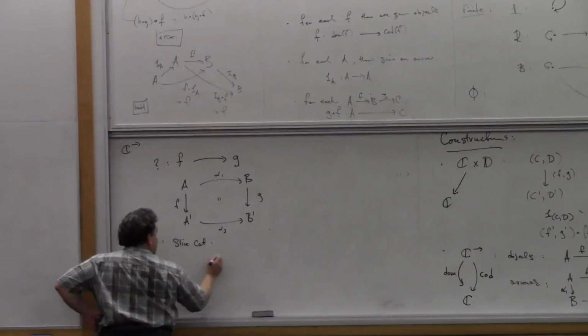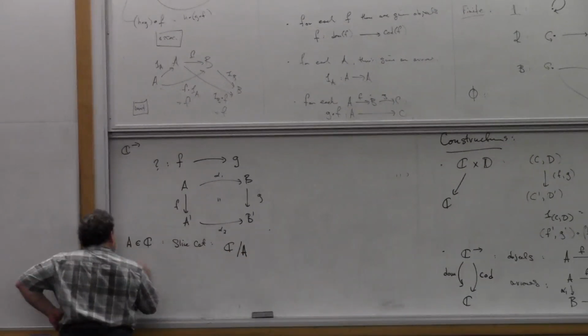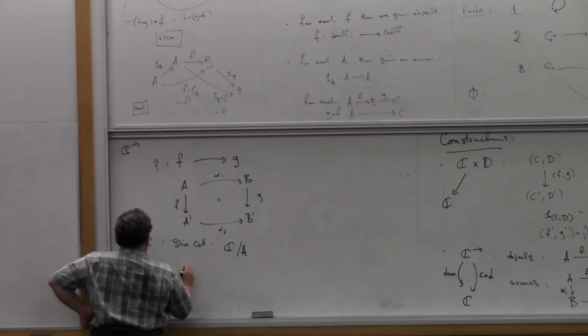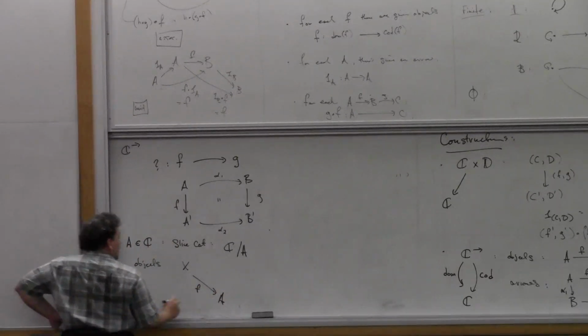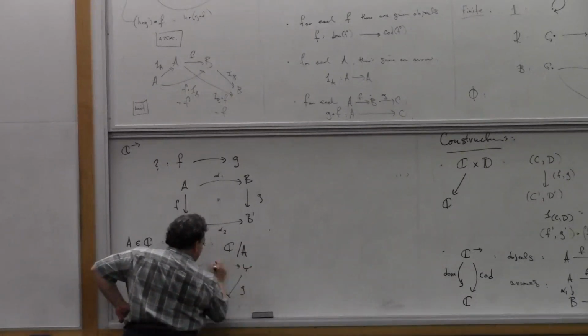A slice category, which I write like this, C sliced over A, has as objects, kind of like the arrow category, arrows, but they're always arrows with A down here in the codomain. And then as arrows, it has commutative triangles.